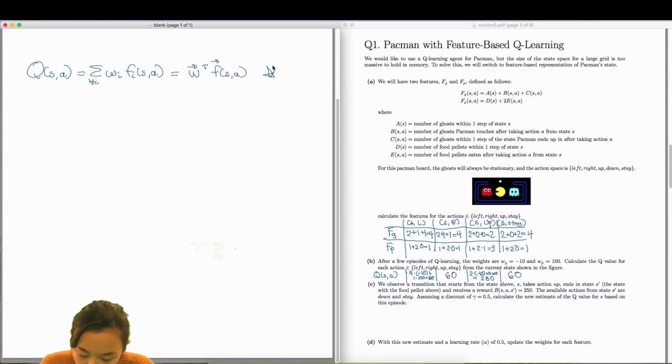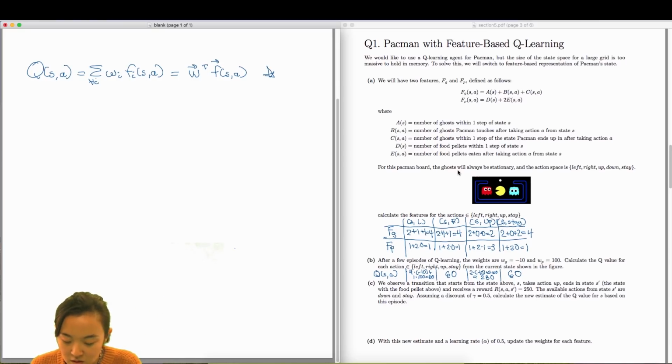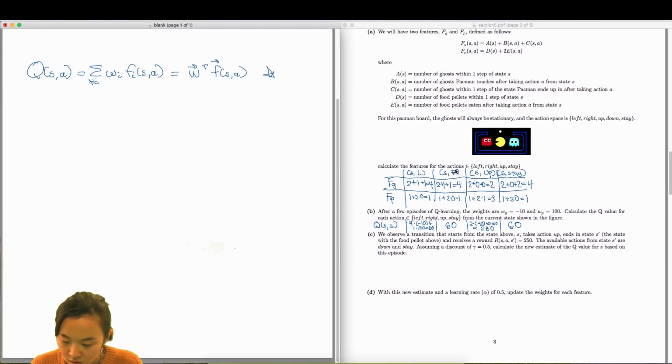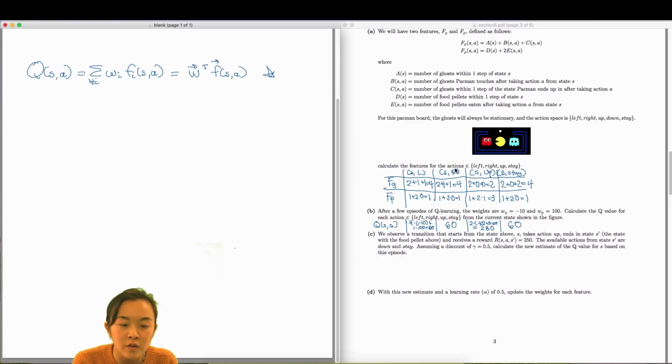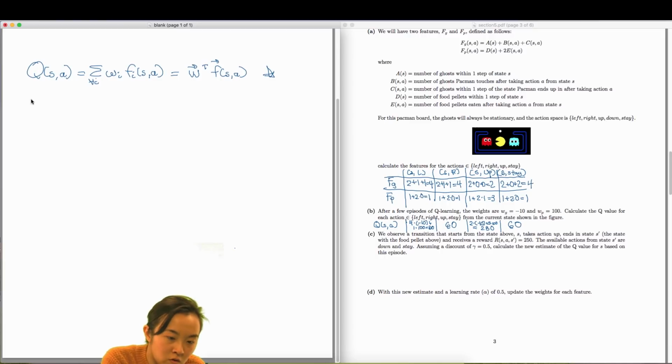Okay, so in the next two parts, C and D, we're going to be considering the update equation in approximate Q-learning. Recall that in approximate Q-learning, the algorithm works like this. We're going to take a step in the environment, and we're going to receive some data.